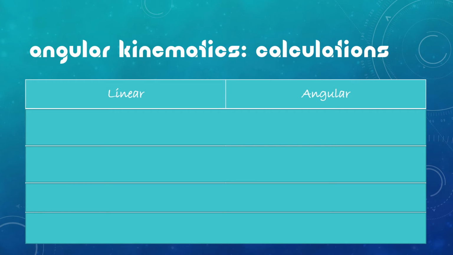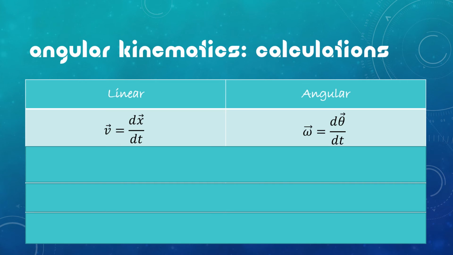Now, after learning the names of those quantities with linear kinematics, we talked about some calculations that we could make. We can do similar calculations with angular quantities. We know that we can do average velocity by doing the displacement divided by time, or instantaneous velocity by doing the derivative of the position function. It's the exact same thing for angular quantities.